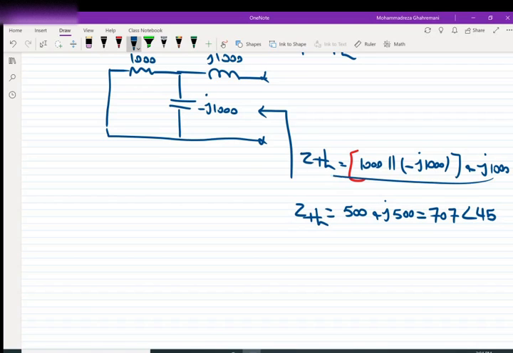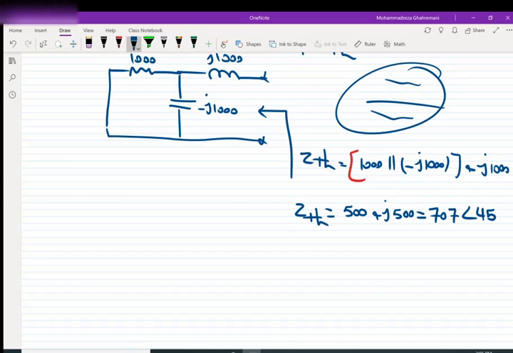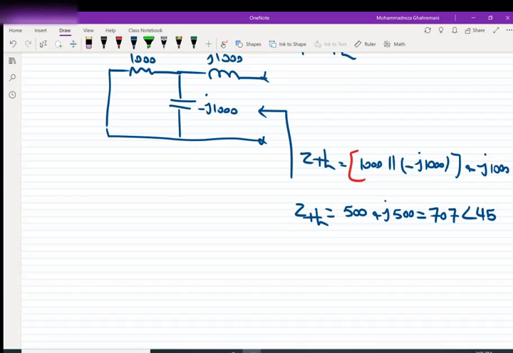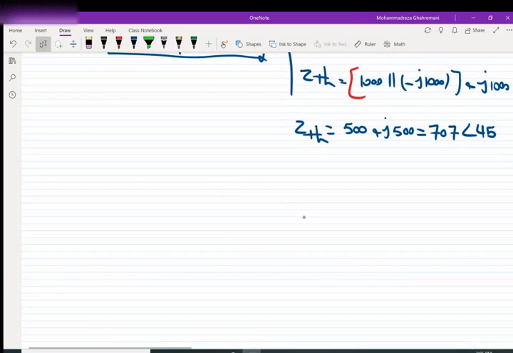Of course, we all know how to calculate this value. We multiply this one with this one and then divide by the total, so it is like a fraction with two rectangular numbers. We convert these rectangular numbers to polar form, divide them, convert back to rectangular and add it with this number. So Z Thevenin is 500 plus J 500 ohms.